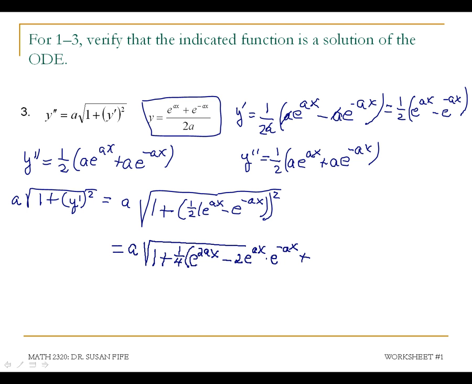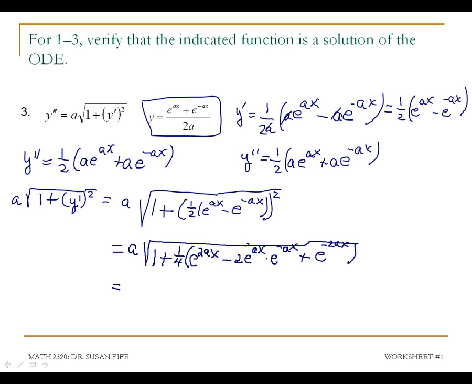E to the negative ax squared gives you e to the negative 2ax. That square root goes over everything.